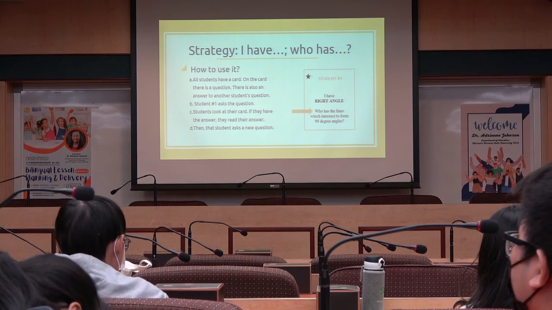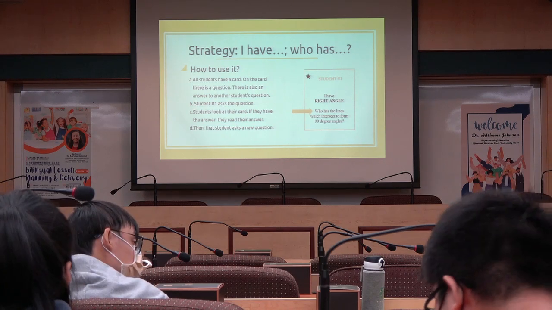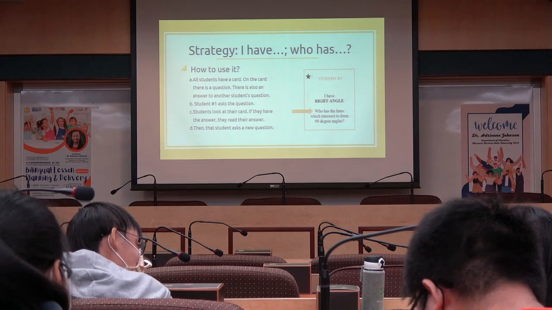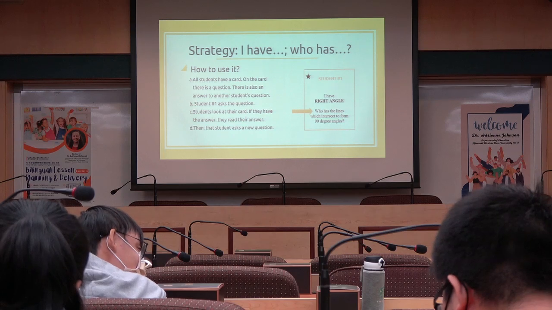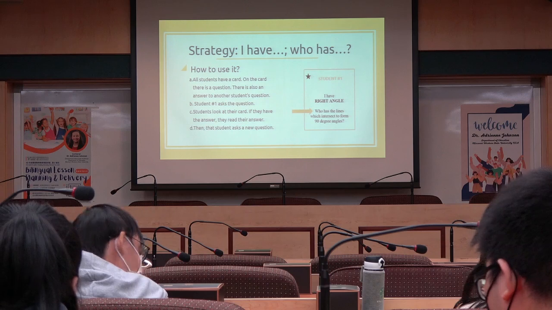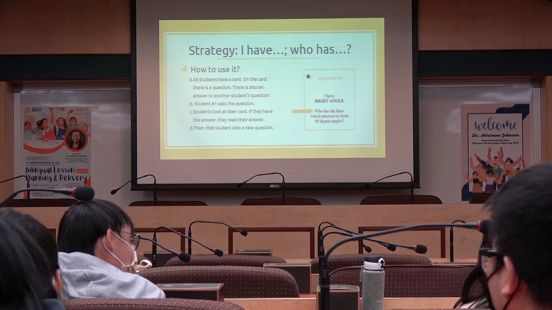So the question is, who has the lines which intersect to form 90 degrees angles? Say it one more time. Who has the lines which intersect to form 90 degrees angles? What's the answer to that?